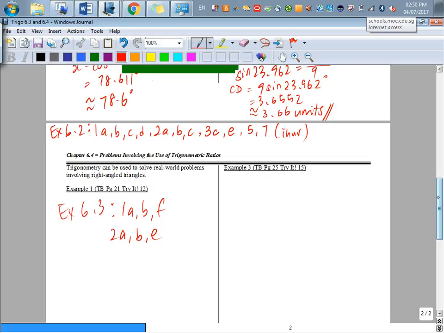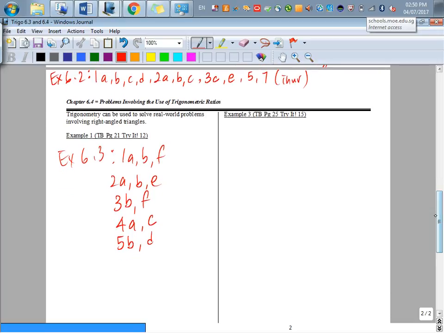We have also question 3, B, F, 4A, C, 5, B, D. All these very fast one. It's just a lot of practice. Make sure you know how to use your calculator. Question 7. Okay. This one is due on Friday. Can?